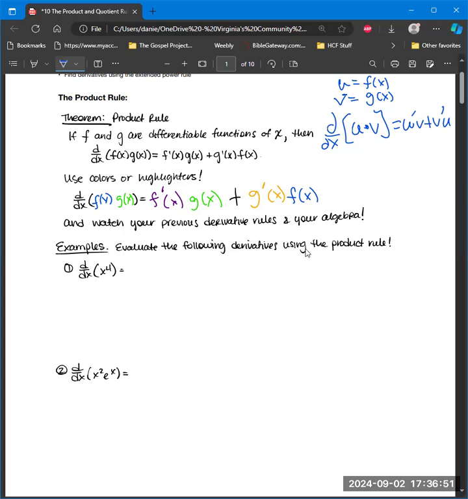So in this case, evaluate the following using the product rule. So we can actually use the power rule here. We don't need the product rule, but if we used the product rule, we could do something like this is the derivative with respect to x of x times x to the third. And then we would take the derivative of the first piece, leaving the second piece alone, plus the derivative of the second piece, leaving the first piece alone.